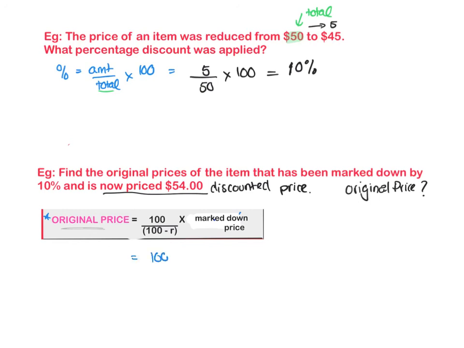We've got 100 over 100 minus 10%, they said the discount was 10%, and times the markdown price, which we know was 54. You can do that in your calculator exactly like that. We end up with, sorry, my pen's paused, $60, and that's good because 10% of 60 is $6, and that would take us to 54. So that's all correct.